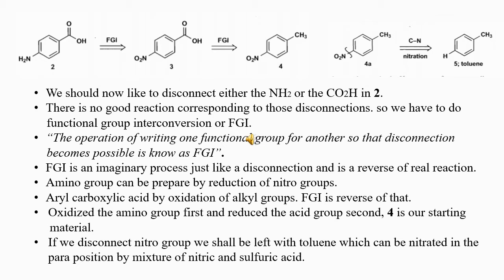Now, as one other option, if we disconnect nitro, a simpler and commercially available reactant is obtained. So we disconnect nitro, we shall be left with toluene, which can be nitrated easily in the para position by a mixture of nitric acid and sulfuric acid.